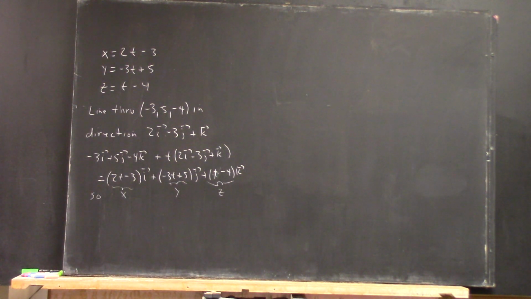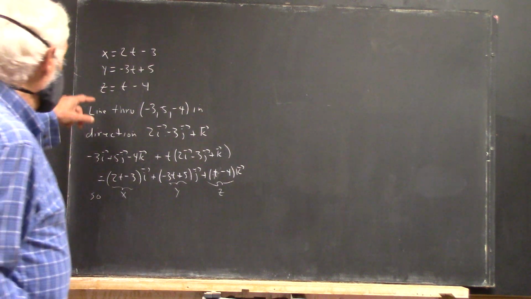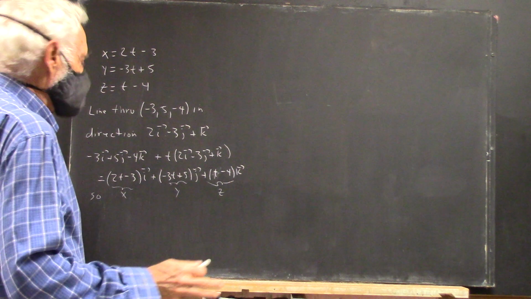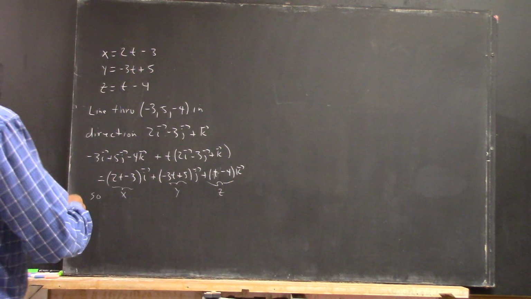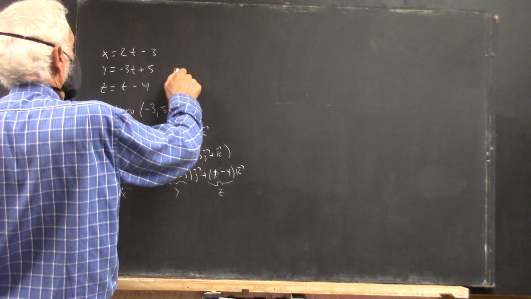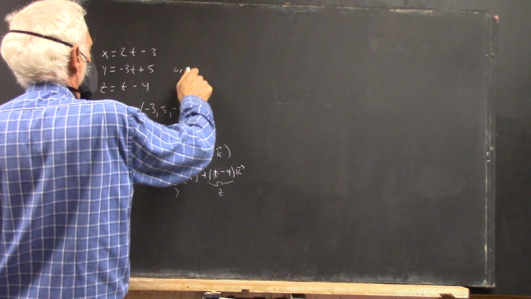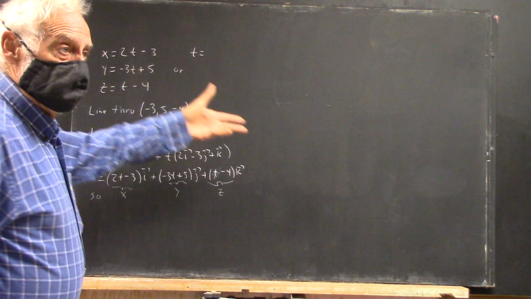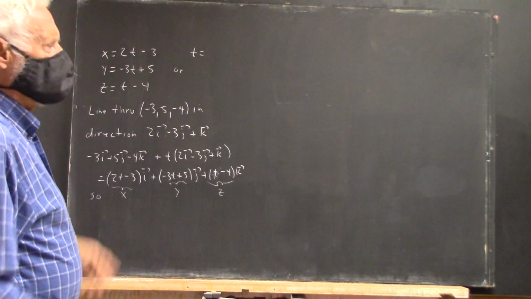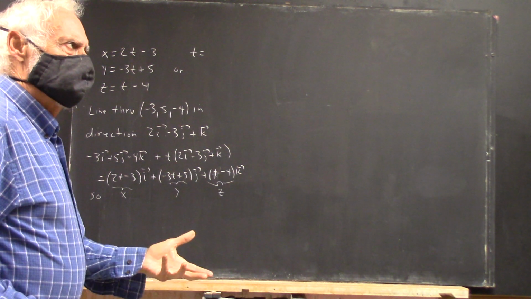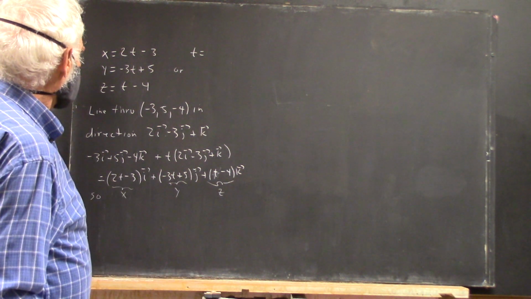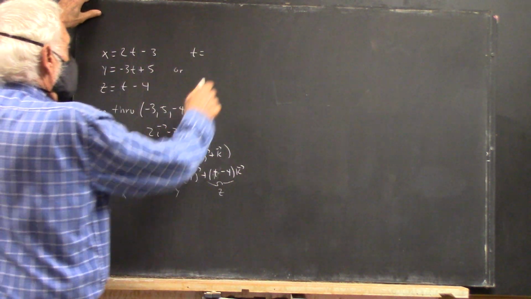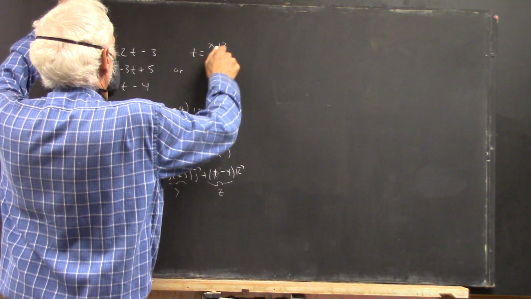Just in understanding what this means, let's review the whole thing. Another way of writing these equations: if you solve each of these for t, you get the symmetric equations. These are the scalar equations. You solve for t, you get (x plus 3) over 2.